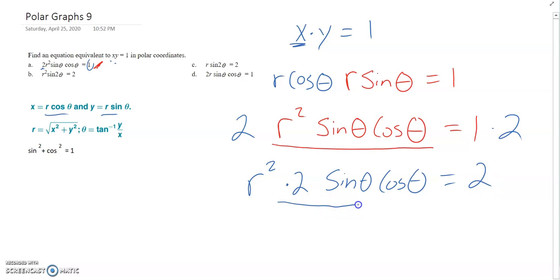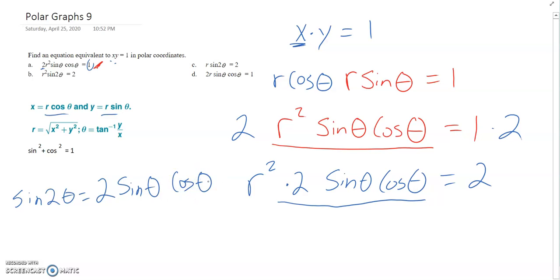We actually get what's called a double angle identity. Now, this is what we were about to cover after spring break, double angle and half angle identities. But there is an identity that says sine of 2 theta equals 2 sine theta cosine theta.